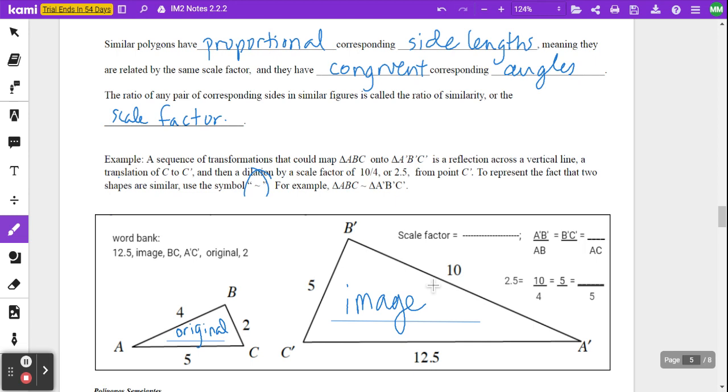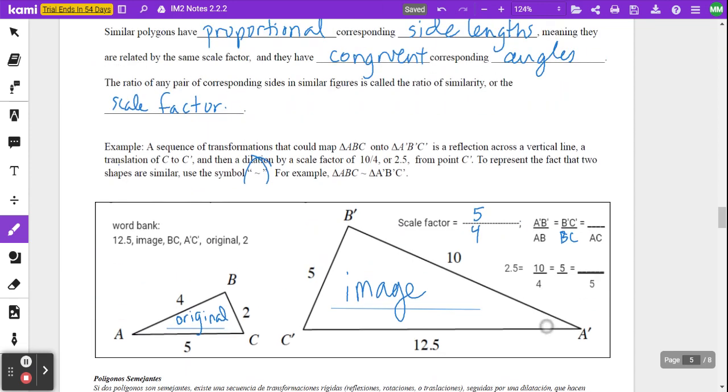The scale factor is always the image over the original, so I'll do 5/4. And we have A prime B prime divided by AB is equal to B prime C prime divided by BC, and A prime C prime over AC.